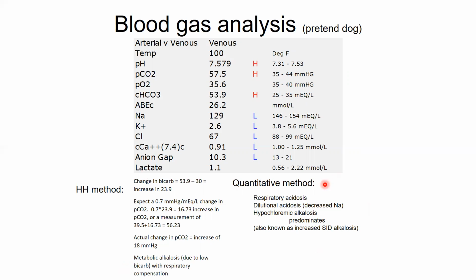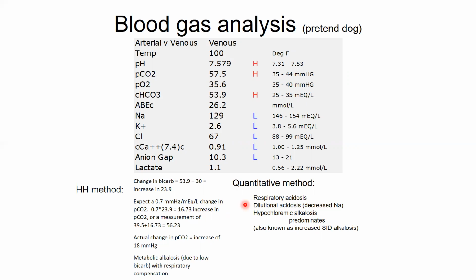The quantitative method would describe this as a respiratory acidosis, a dilutional acidosis because we have a decrease in strong cations, along with a hypochloremic alkalosis. And this process predominates. And this can also be known as an increased SID alkalosis.